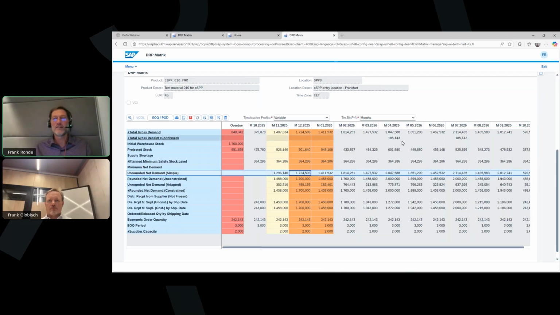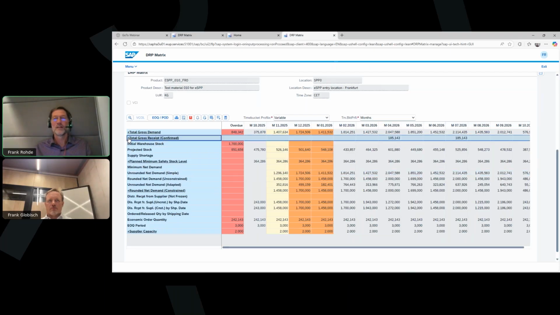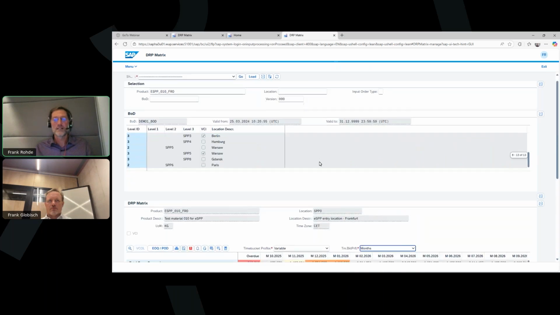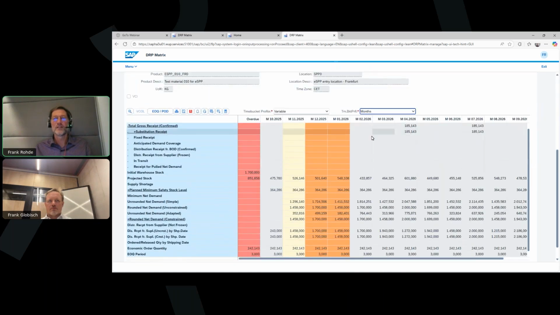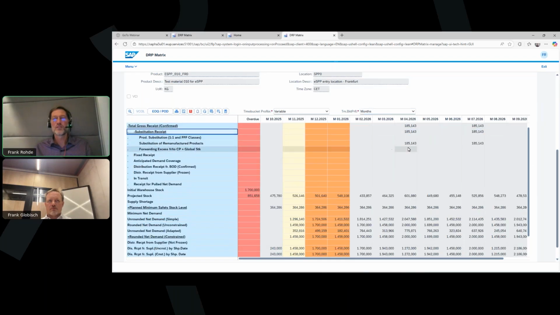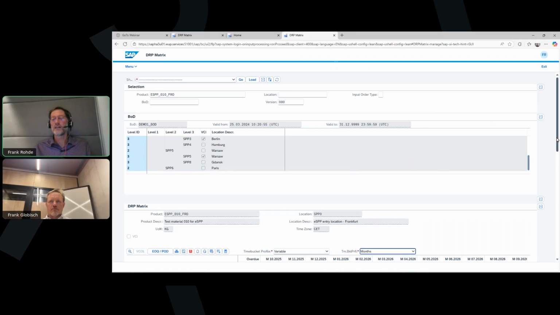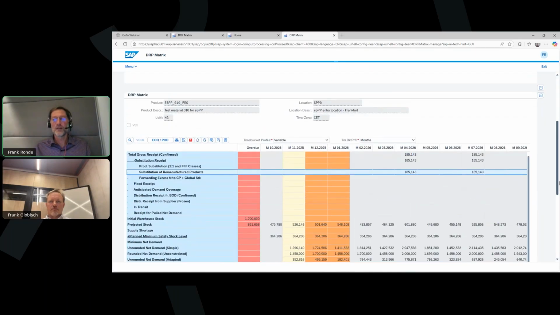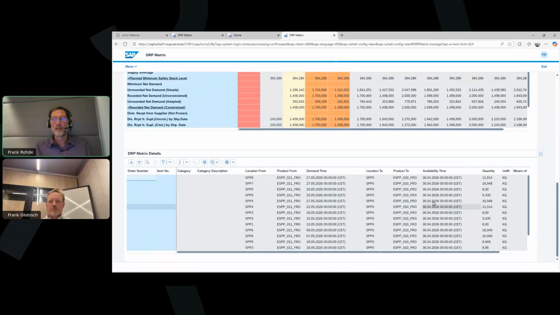Therefore, it creates substitution orders. So it tells us that in this scenario, we need to substitute the remanufactured product with the new product because the demand is above what we can repair. If we double click on it, we see where this demand comes from.